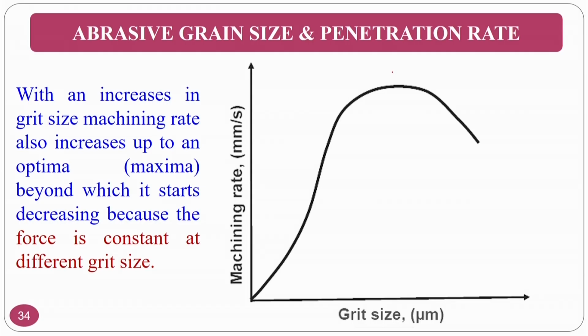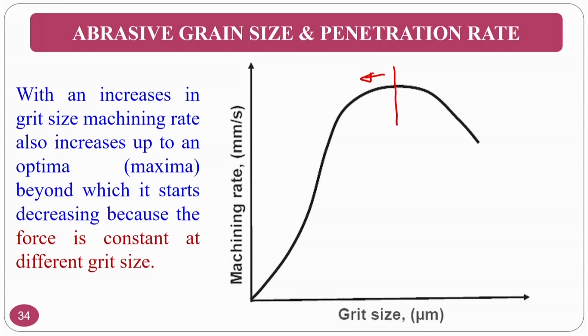You have two regimes here. In region 1, as you increase the abrasive grit size, that means you are increasing the particle size. What will happen? The material removal increases and increases, but everything has its own saturation. If you increase more and more, what will happen? Your force is constant because your amplitude is constant.